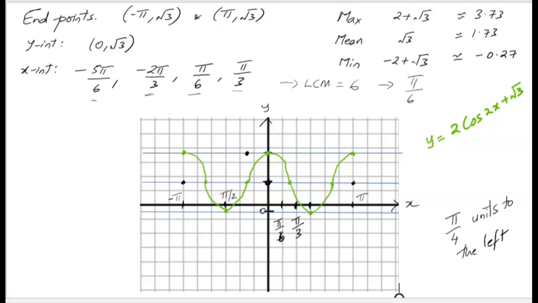And the other two x-intercepts are going to be minus 5 pi on 6, so minus 5 pi on 6 is going to be there, 5 boxes to the left. And minus 2 pi on 3 is same as writing minus 4 pi on 6, so that value is going to be right there, minus 4 pi on 6.